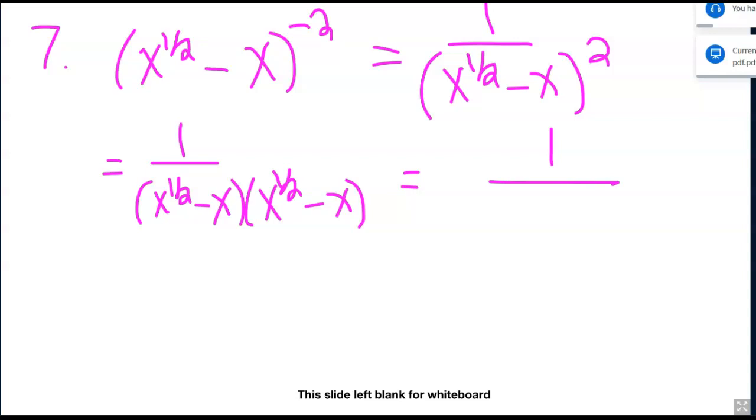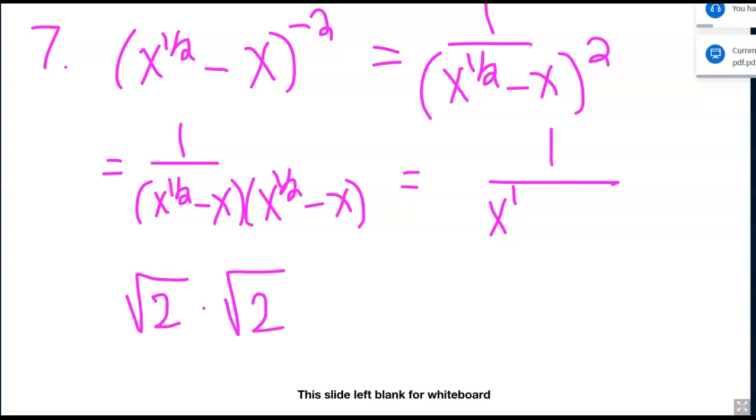However, when we are multiplying our variables to powers, we have to use our multiplying rule, which says you add them. So x to the 1 half times x to the 1 half becomes x to the 1. And if you think about it, that's like when we used to say, okay, the square root of 2 times the square root of 2.